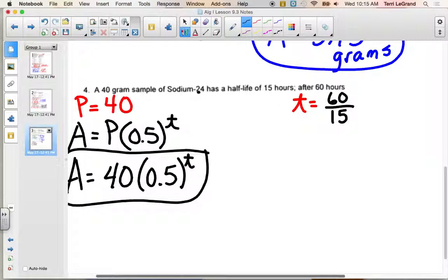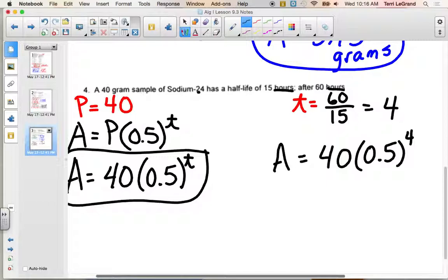They might give the time in days, like how much would be left after 3 days. Would you take 3 divided by 15 then? No. You have to change your days into hours, so be cautious. Make sure that these labels match, okay? And then how many half-lives did it go through? 4. And then we substitute into our model.